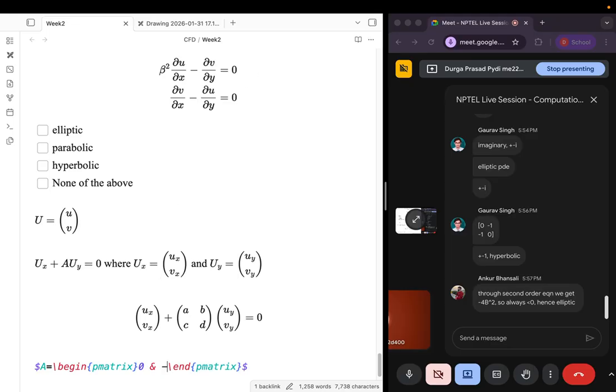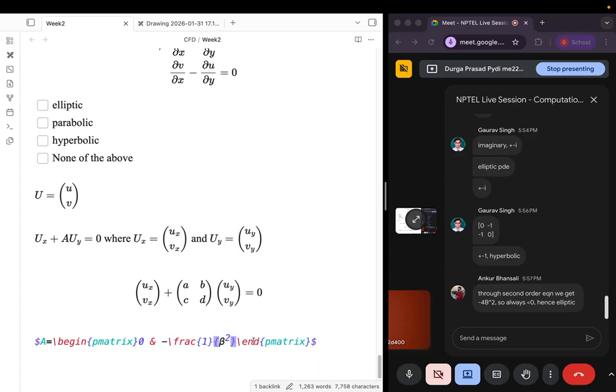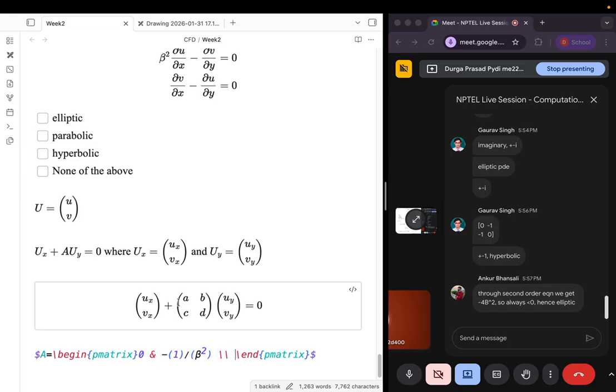So I have to have a minus 1 by beta square. And coming to the second equation, the Vx coefficient is 1 and we have the coefficient 1 here, and Uy is getting multiplied in this equation. The C term has a minus 1, and for Vy we do not have anything, so that will be 0.